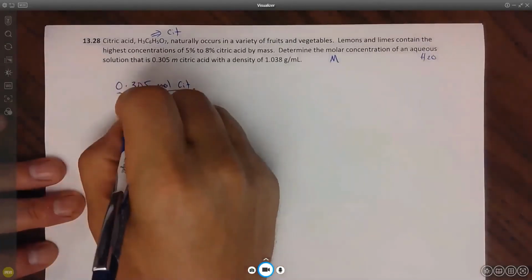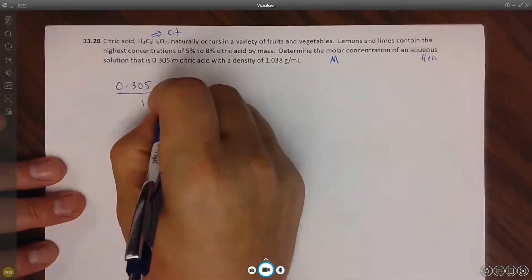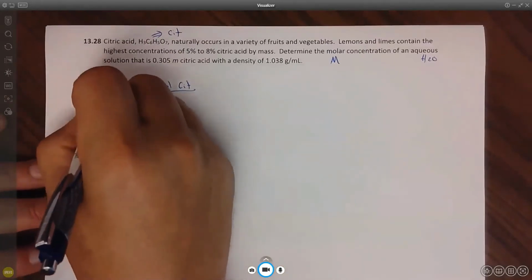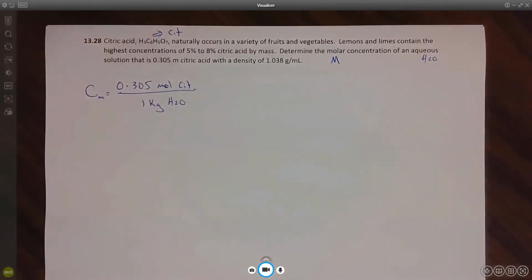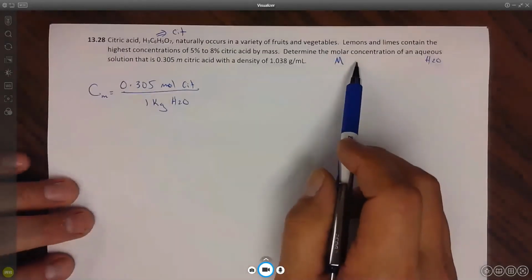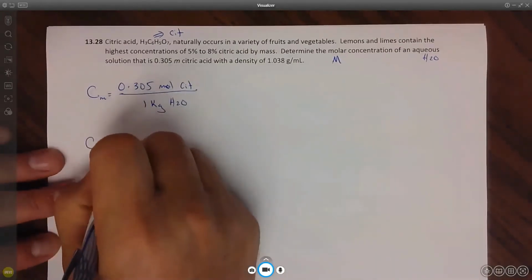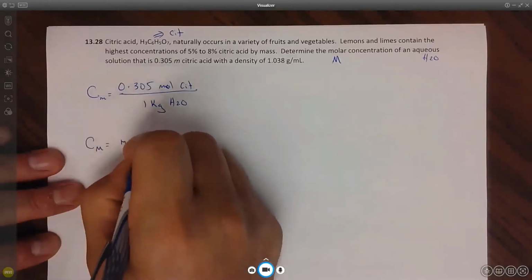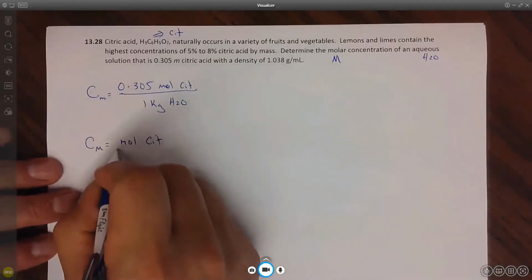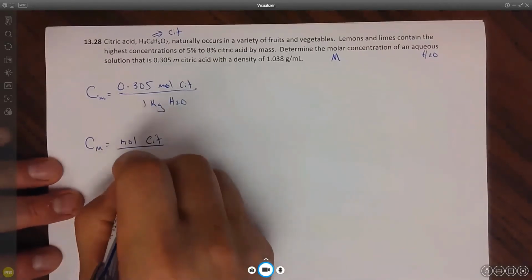So it would be 1 kilogram of water. So this is the mole concentration of the citric acid in water. Okay, now we want to go to the molar concentration. So the molar concentration is going to be the moles of citric acid over liters of solution.